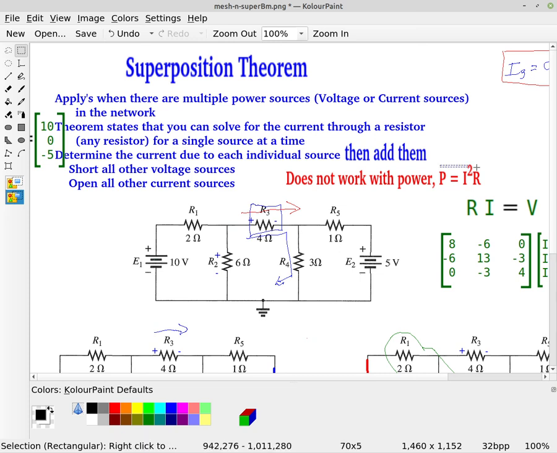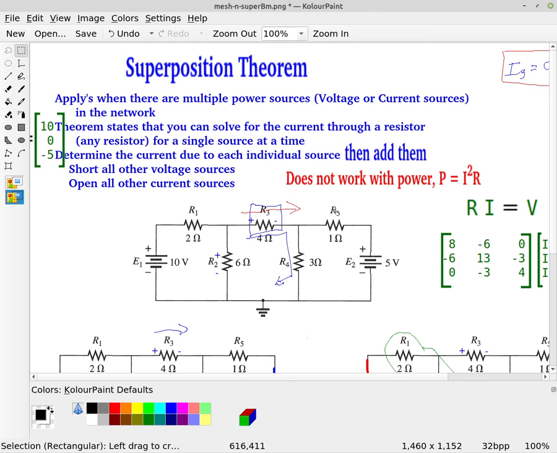So that's why you can't add for power. You find the currents, and then once you've got the current, you can always find the power. But find the currents using superposition or mesh analysis, whatever technique seems to be best.